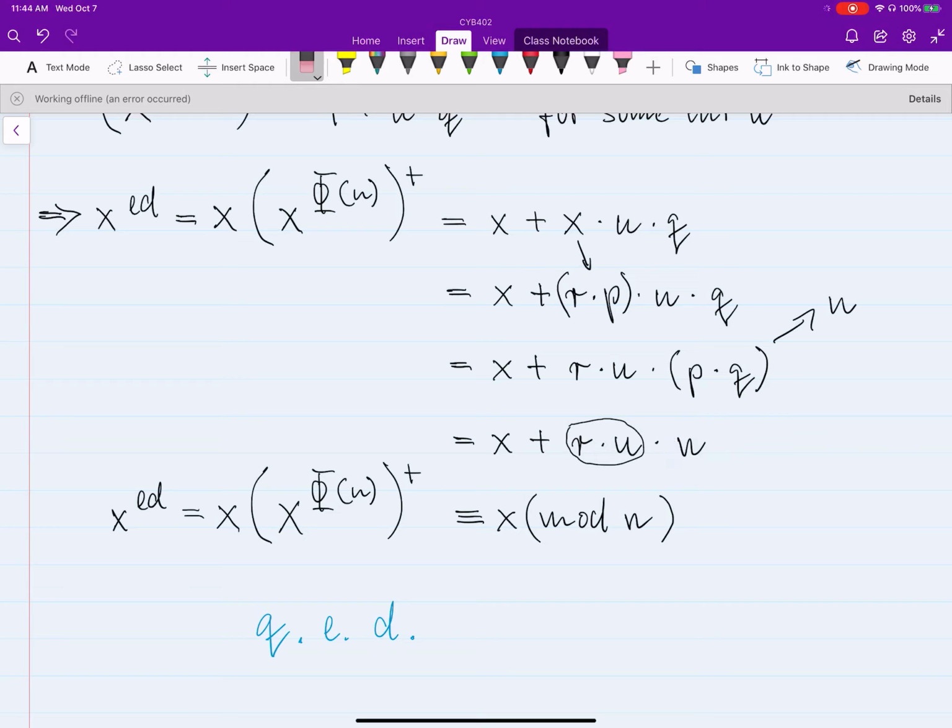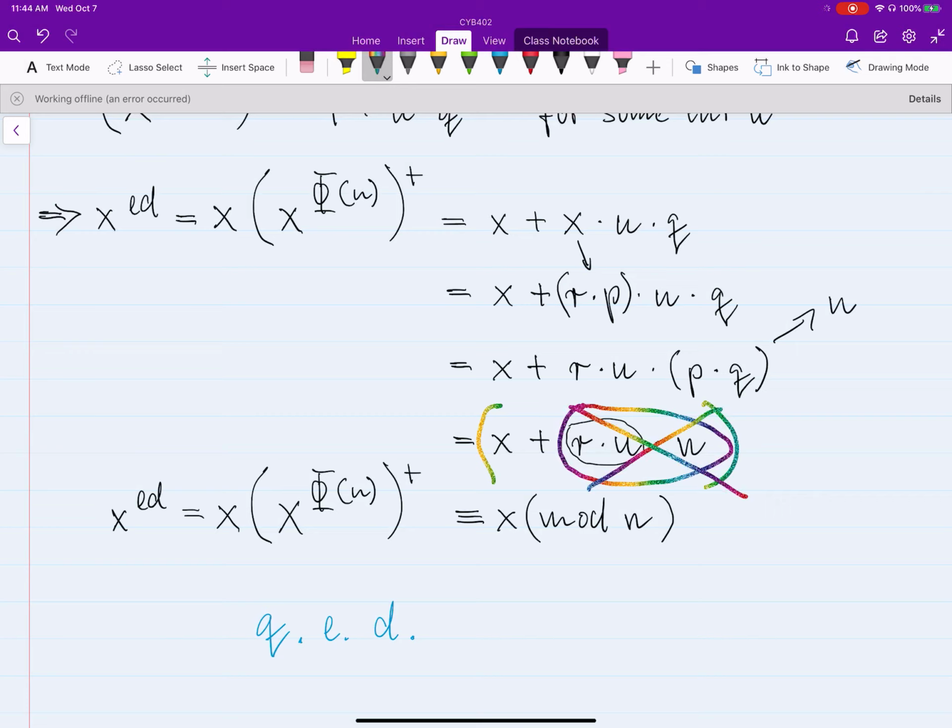It means that taking this modulo n means that we have modulo n of x plus modulo n of this expression, which is obviously 0 because we multiply n by two whole numbers. So in other words, this expression goes away.